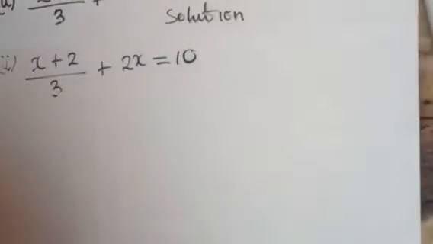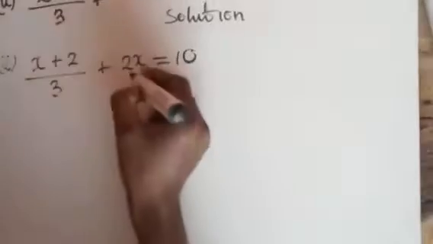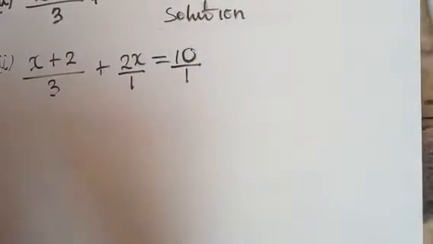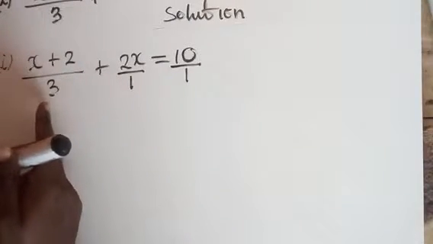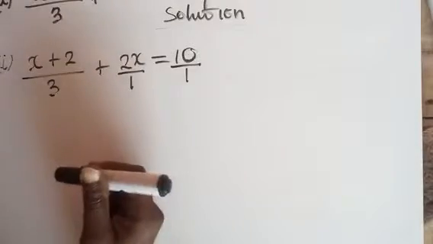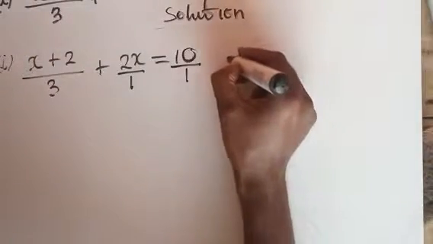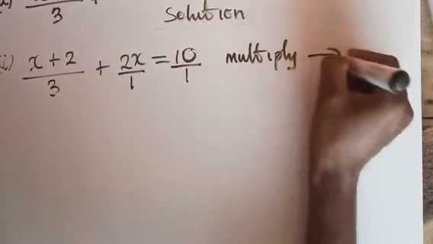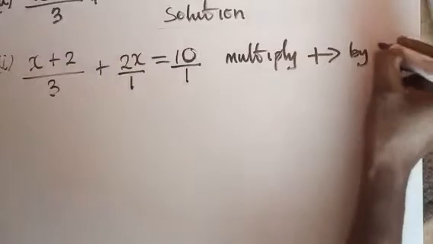Good. So we have x plus 2 divided by 3, plus 2x, equals 10. Once this is a fraction, bear in mind that these other two are also fractions. So what you do now is try to make it linear. How are you going to get rid of this denominator? You multiply through the equation by the denominator here, so multiply through by 3.